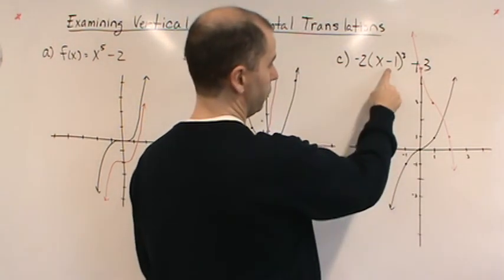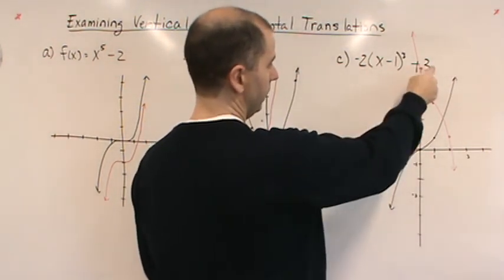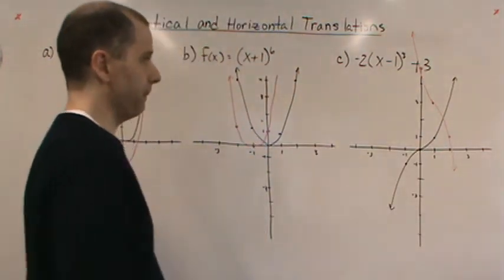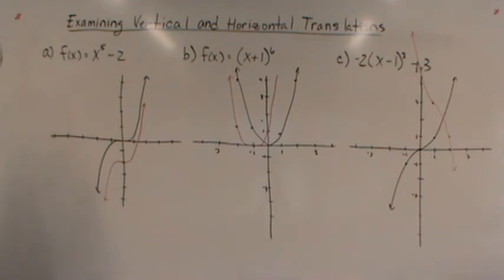Then you just move it to the right 1 and up 3, and you've got your graph. And that's it. Again, we're just using what we know from our toolbox and the new information about how the even or odd degree, and how big it is, affects the graph as it increases. Okay, that's it. Have a great day.